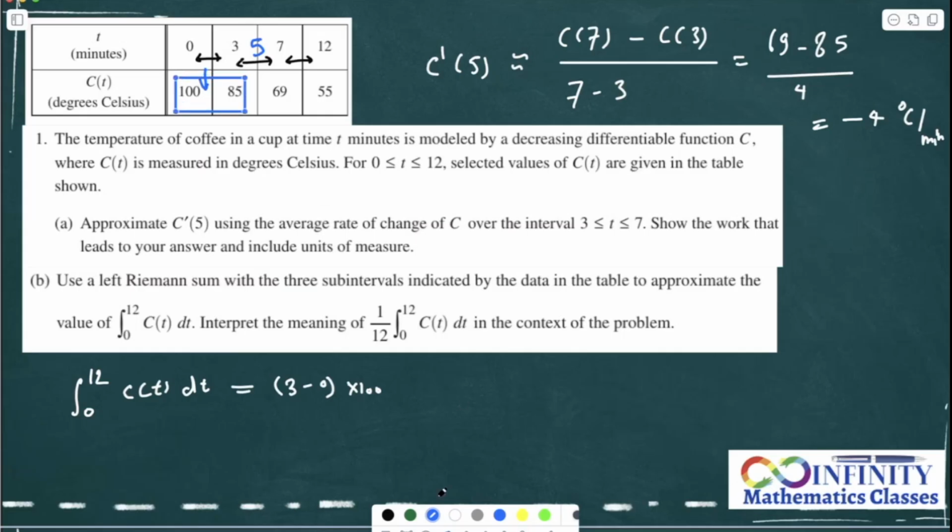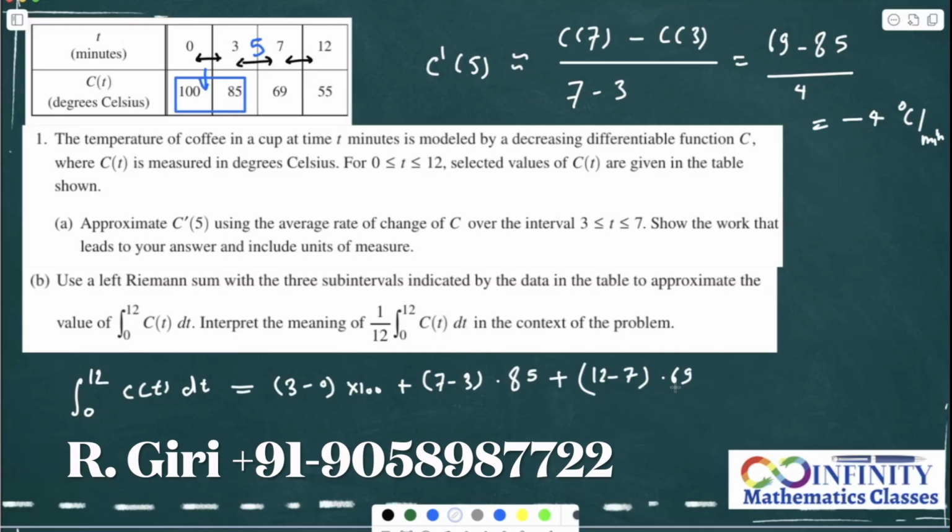right? For the second interval, from 3 to 7, the interval difference is going to be 7 minus 3 multiplied by, out of these two, 85 and 69, 85 is the left-hand side value. Next, 12 minus 7 multiplied by 69. This is the left Riemann sum.